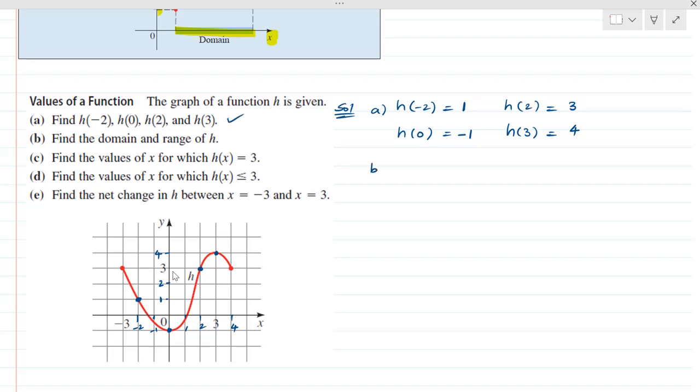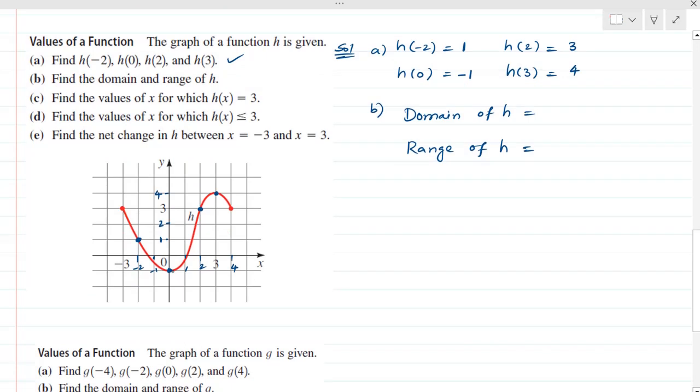Now the second one is given: find the domain and the range of h. How will you find it? The domain, as we say, is the x value. The graph goes from minus 3 to plus 4, so this is my domain, all the values of x.